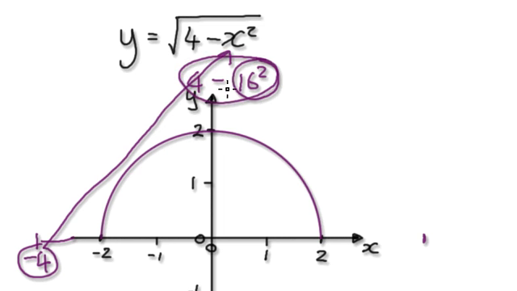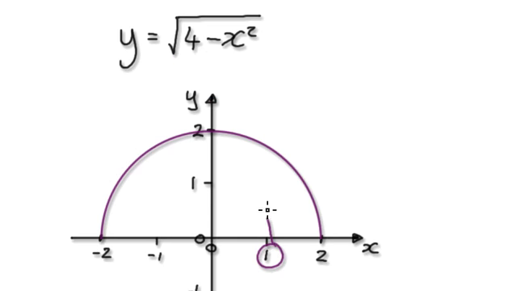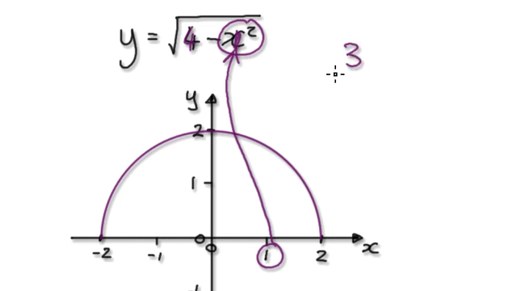Again, it's going to be a negative number, so you're going to try and square root a negative number. It makes no sense over here. If you put a 1 into here, that's okay because 1 squared will be 1. So 4 take away 1 will be 3. The square root of 3 is legitimate, so it will take you to somewhere up here.